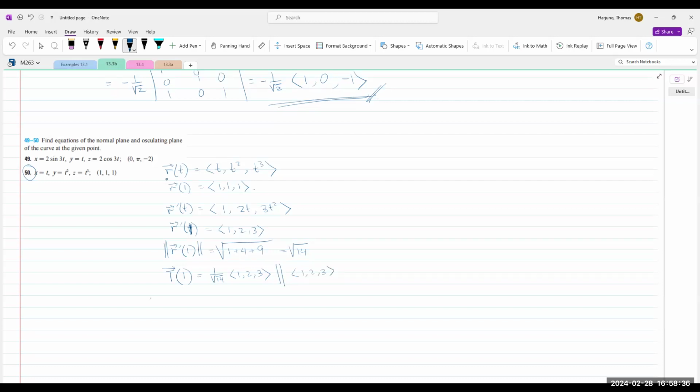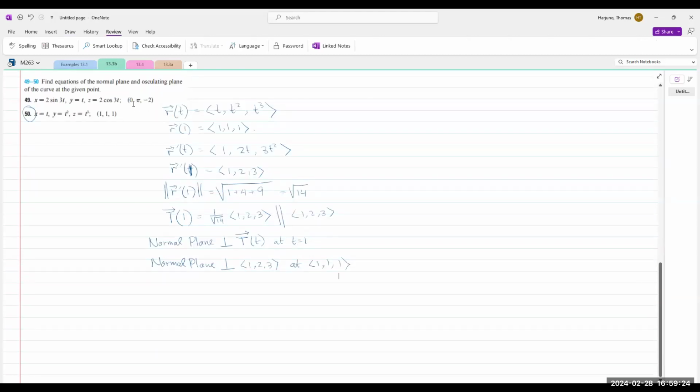So the normal plane, which is normal to the tangent vector, at t equals 1, is normal to 1, 2, 3 at the point 1, 1, 1.